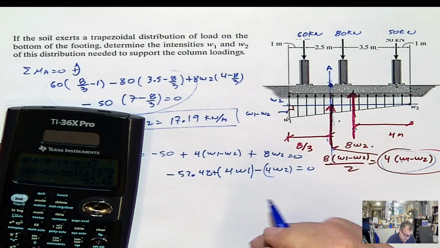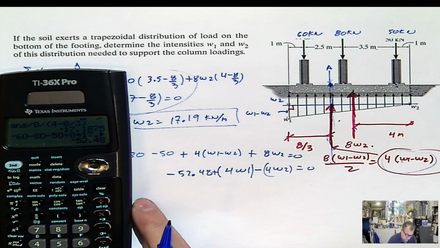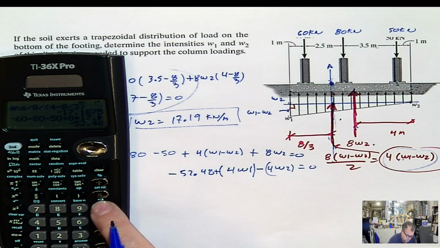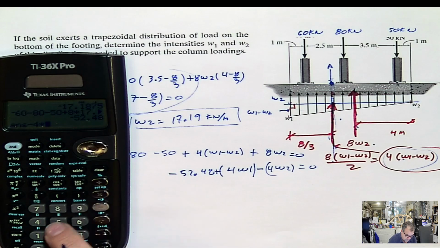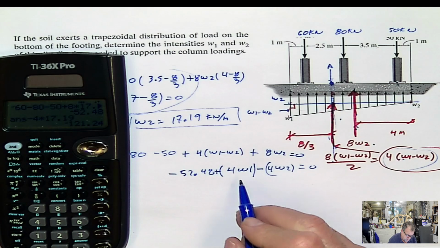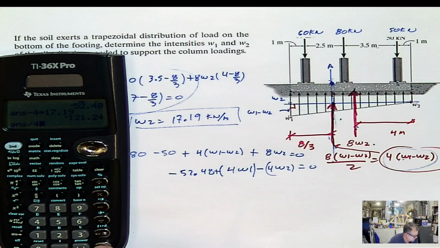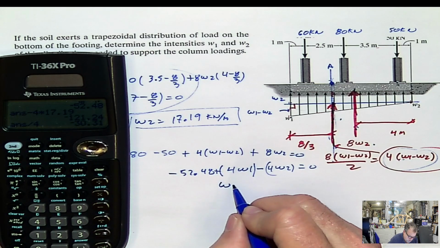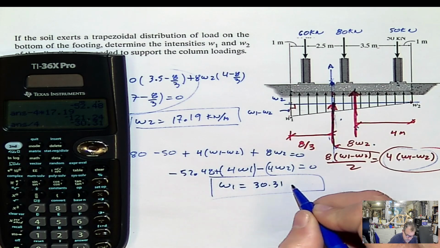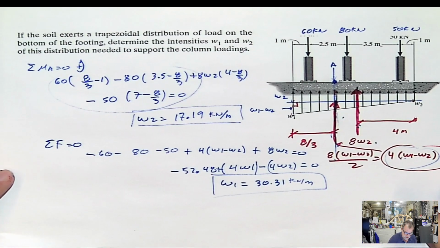Now I have this value, minus 4W2 coming from here, minus 4 times 17.19. Then I get 121 divided by 4. I get W1 equals 30.31 kilonewton per meter. And that will be it.